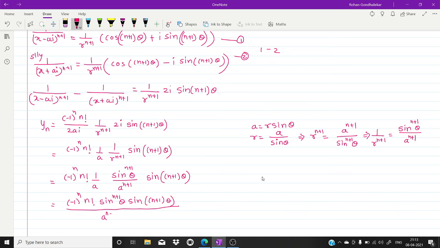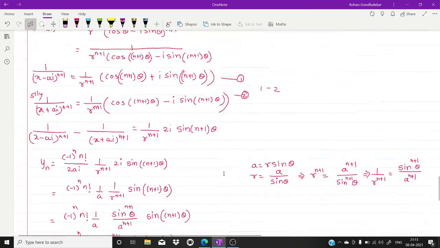So with the addition of the powers, we get a raised to n plus 2, which is our expected solution.